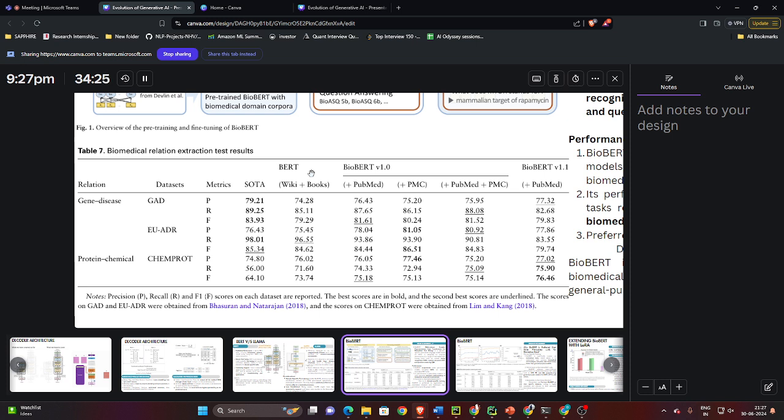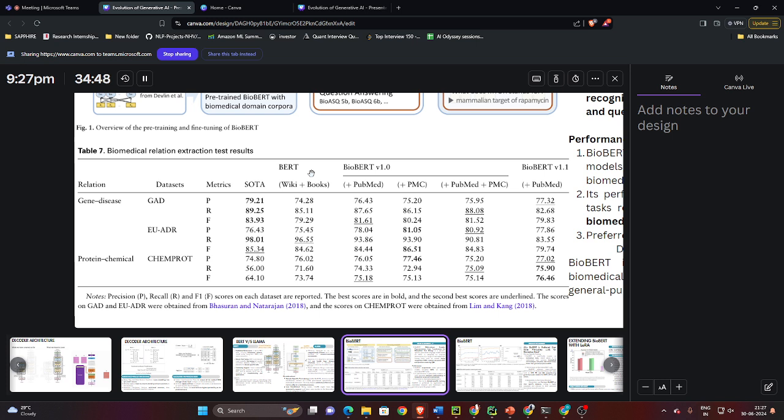Is it just binary information, gene-disease relation yes or no? Or is it a quantitative relation? For example, there is a paragraph that has multiple genes and multiple diseases appearing. How will the gene-disease relation numbers be calculated from that?